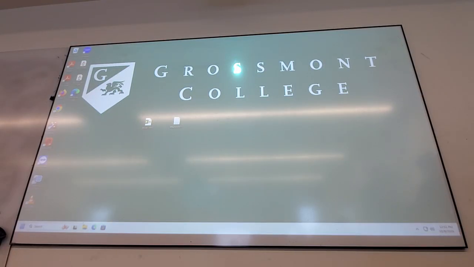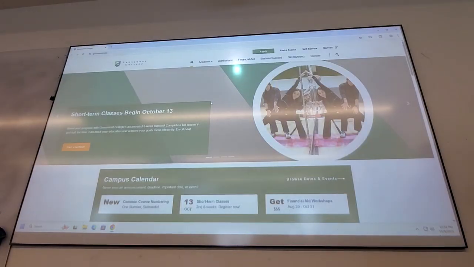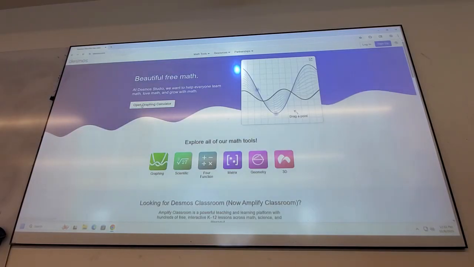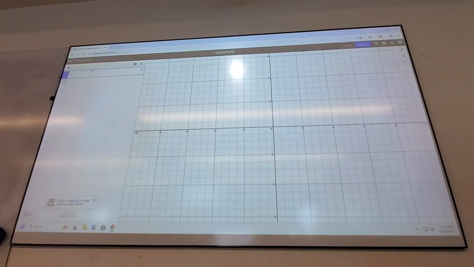Come on, Chrome. All right, where was it? 5x to the 2/5. 6 minus x squared. Okay.